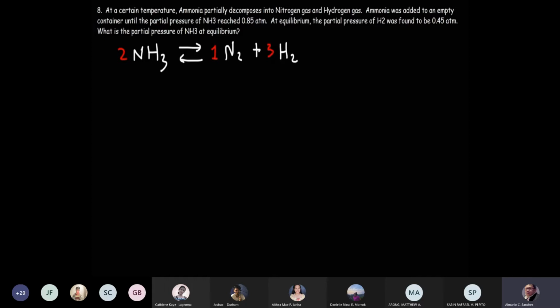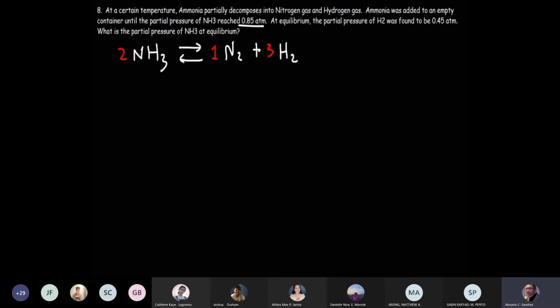Now, we have partial pressures at equilibrium and initially, before the reaction begins. The 0.85 atm, that's the initial partial pressure of NH3. And then we have the partial pressure of H2 at equilibrium.